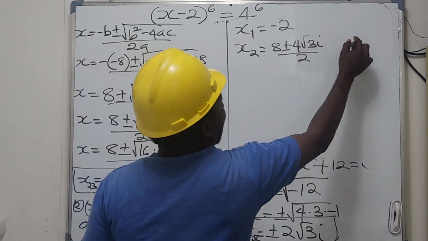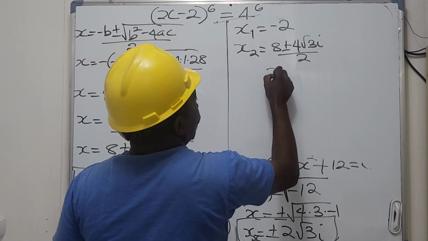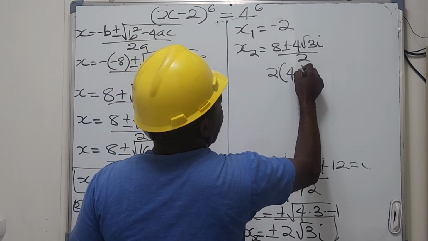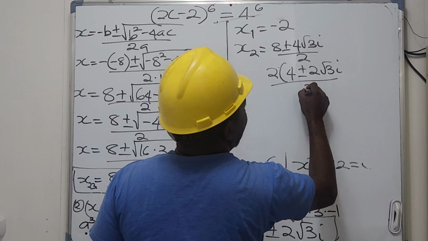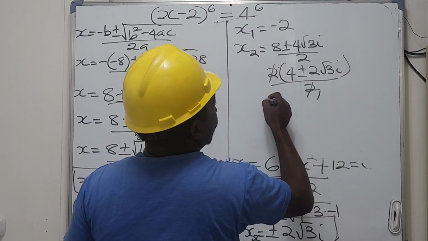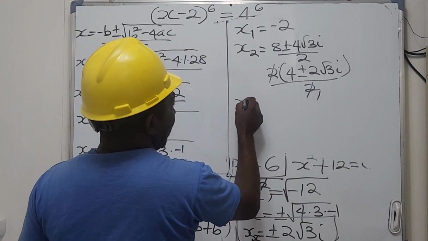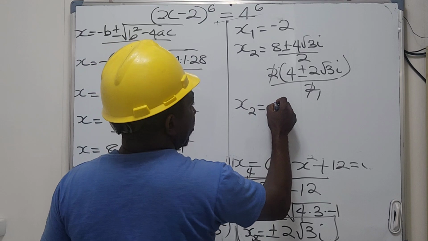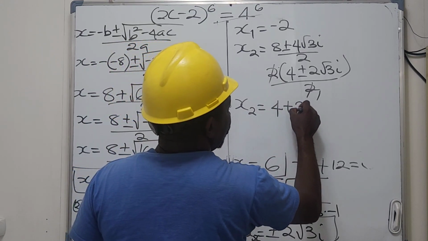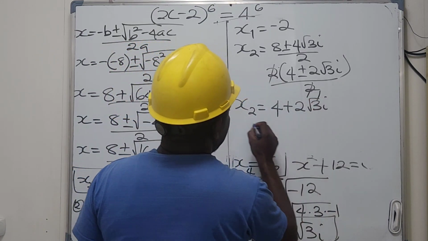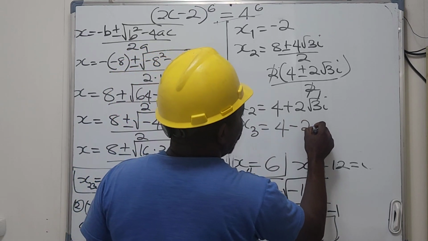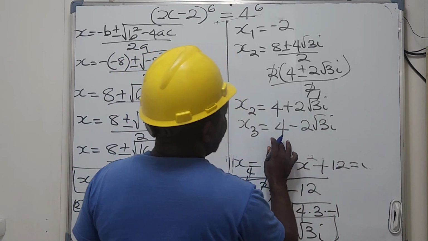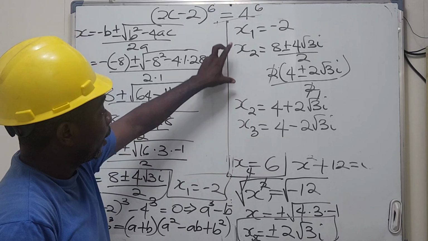This can be written as 2 into 4 plus or minus 2 root 3i all over 2. 2 will go here and 2 will go here. We are now left with our value of x2 will become 4 plus 2 root 3i. Then value of x3 will become 4 minus 2 root 3i. So these are the solutions of this x.